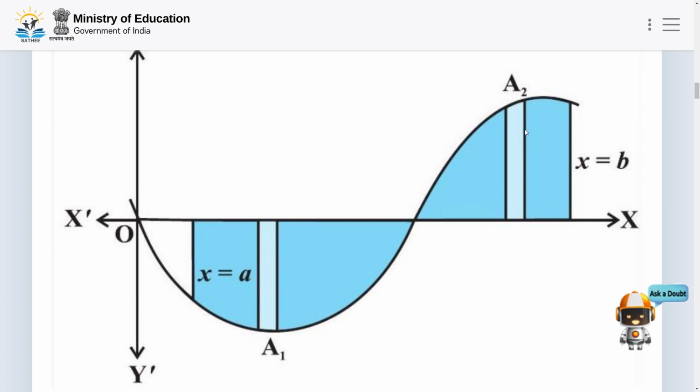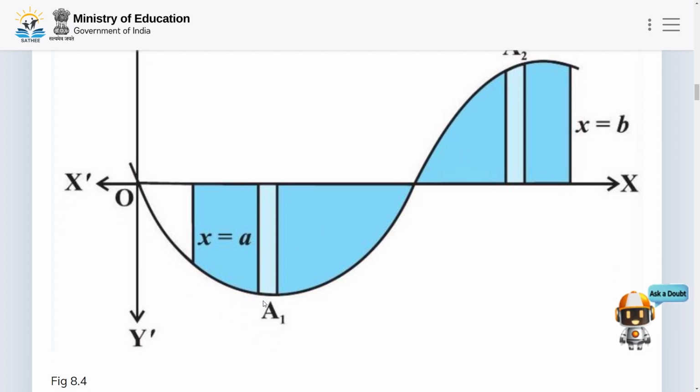The area will be what? For this one you can directly find it; whether you apply the modulus sign or not, you will get the positive area. But for this other area, you have to apply the modulus sign, otherwise you will get some negative value. After getting this area and this area, you have to add them. If you do not apply the modulus sign for this area A1, then it will be some negative quantity and this is some positive quantity.